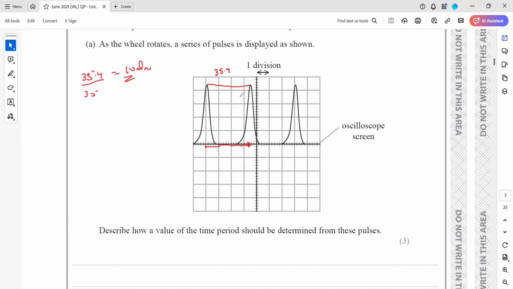So the scale used here is about 10 milliseconds per division. Like one box, the width of one box, is equal to 10 milliseconds. Is it clear, this one? That is how we worked out the scale?